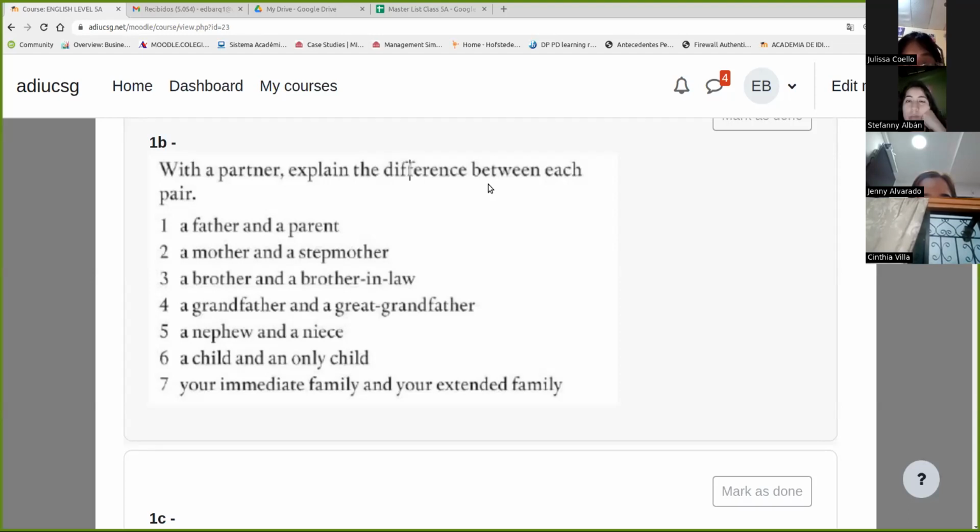So the great grandfather is the father of the grandfather. That's different. All right, and the grandfather is who? Is the father of the son. No, that's confusing.